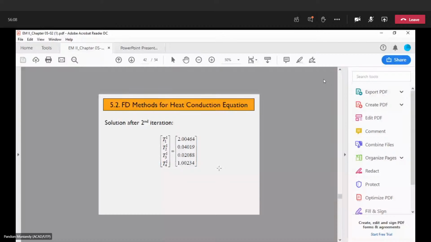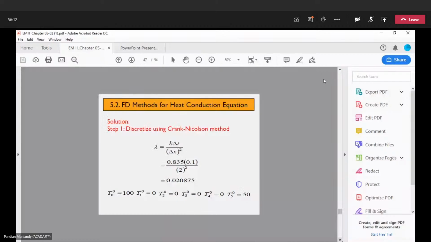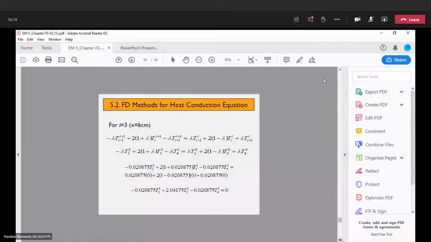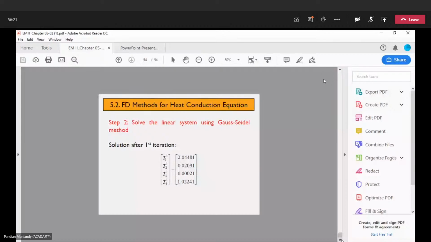Similarly, we want to do this for the Crank-Nicolson method. Now we want to use the same equation and then use these values to calculate the second iteration. So now we want to calculate iteration 2.